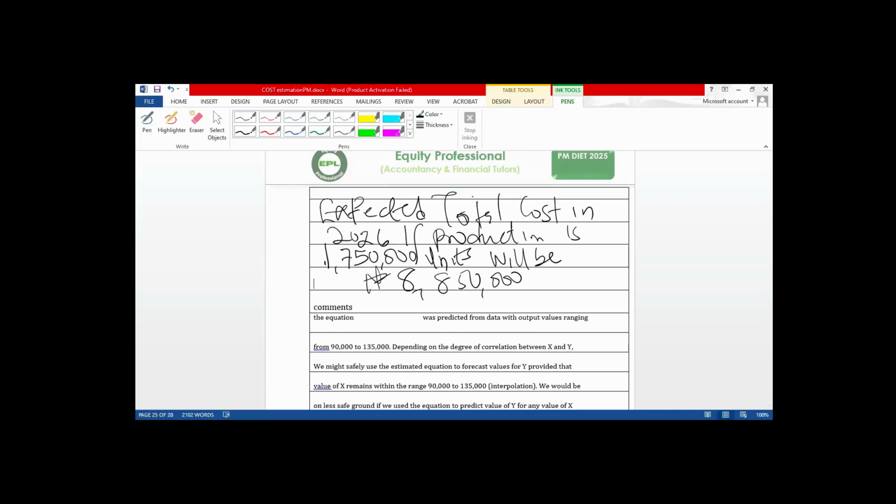The comment is given here. Trying to adjust all the figures here.